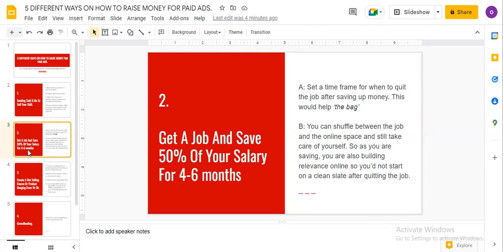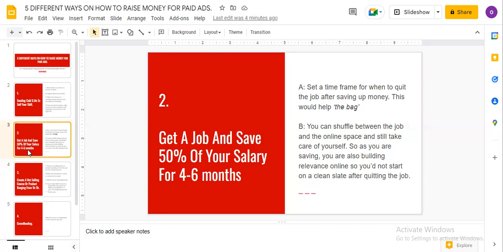Now, I saved up 25K for 6 months. That's 150K. So inside this 150K, I got a Vivo phone of, I think, 99,000 naira. And then I used the rest to set up my online stuff for adverts.